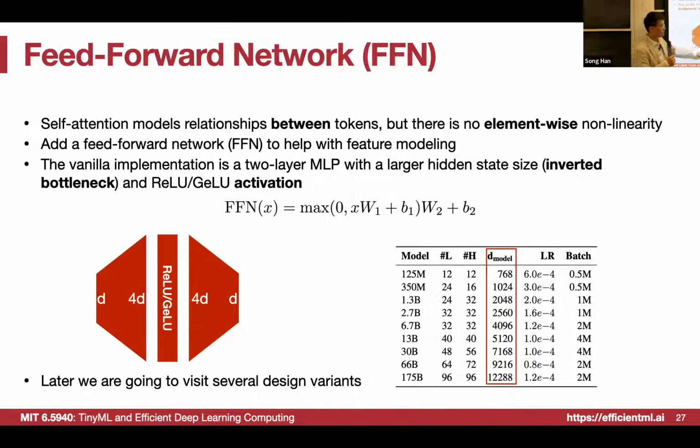In a 175 billion parameter model like GPT-3, we have 12K here. Then we project by the first FFN to 4D, pass it through an activation function, and then have another FFN to project it back to D dimension. So basically, a very simple 2-layer multi-layer perceptron. But we are going to see several design variants using different architectures later.